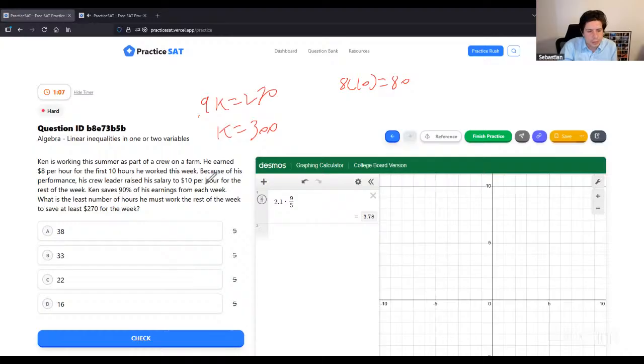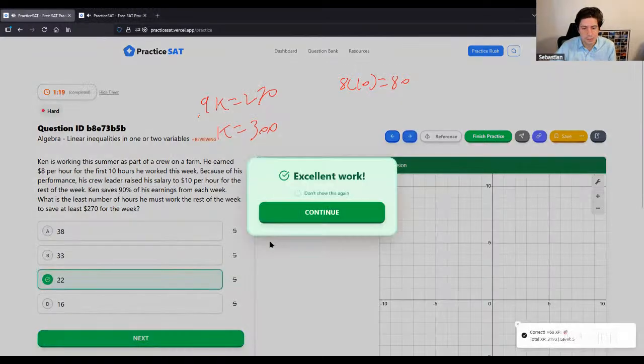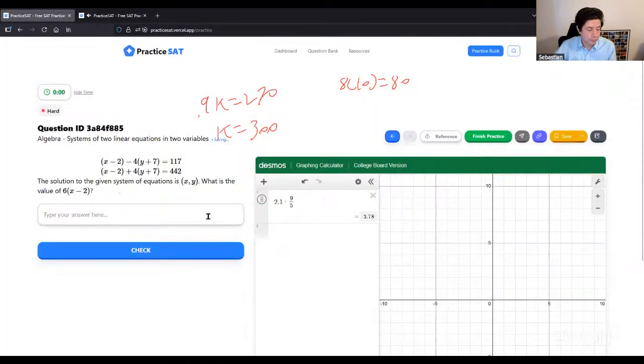And he's also made $10 per hour. So he has to work another 22 hours to get that 300, right? Because he has to get 220 more to get to the 300. So it should be C. And the key here is that it's asking for hours more, so it wouldn't be 32 because we're already counting the first 10 hours.